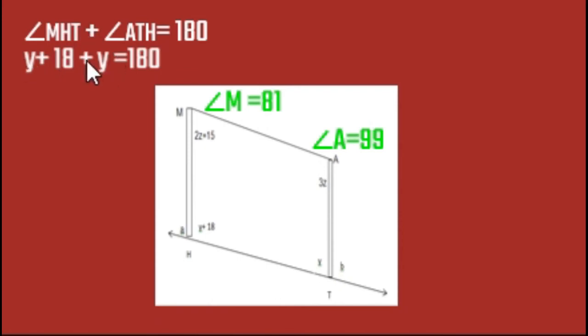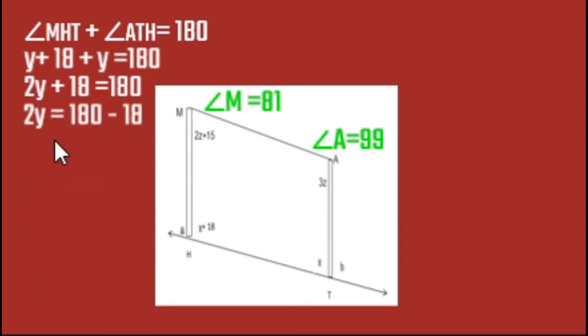Let's combine like terms. y plus y is 2y, plus 18 is equal to 180 degrees. Let's isolate 2y using addition property of equality. So we have 2y equals 180 minus 18. 180 minus 18 is equal to 162. Let's divide both sides by 2. y is 81.